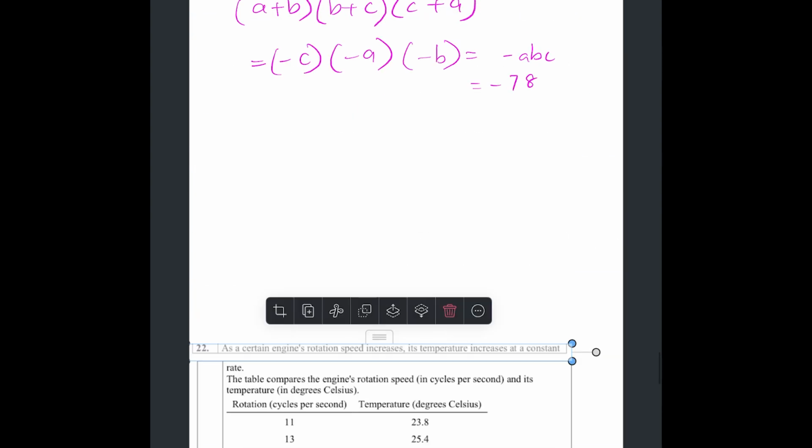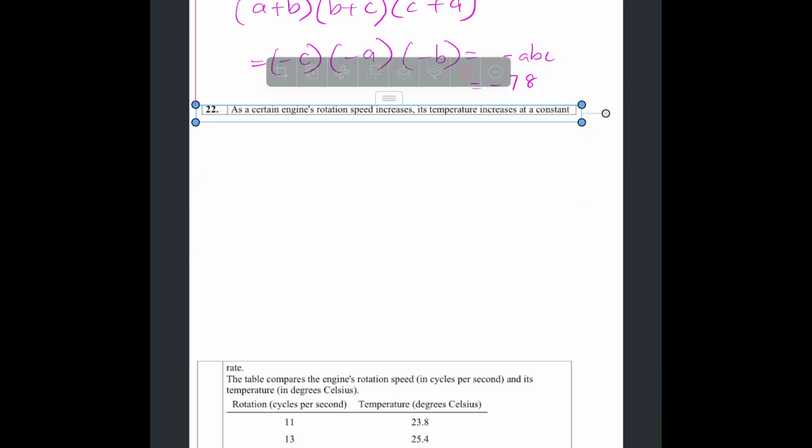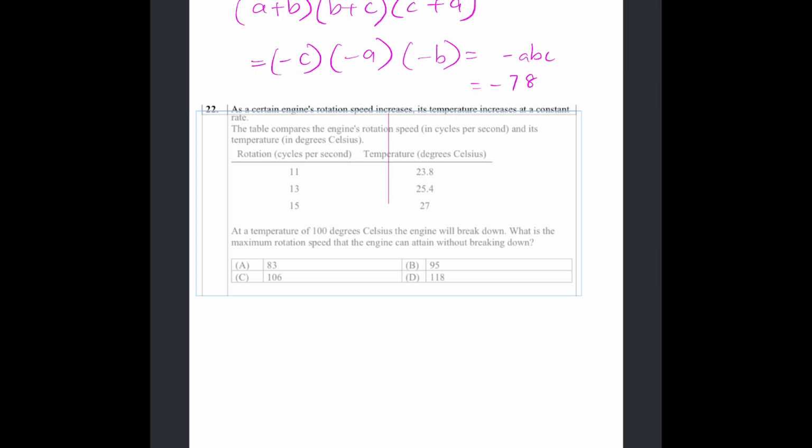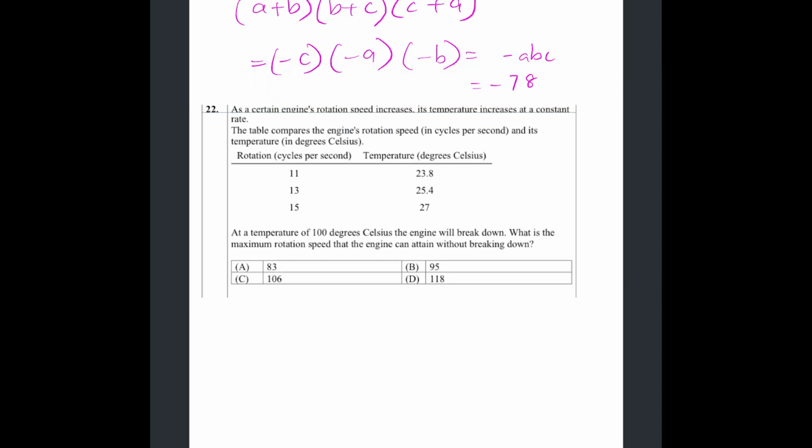Okay, let's see question 22. Okay, so a certain engine's rotation speed increases, its temperature also increases at a constant rate. This is important. The table compares the engine's rotation speed and its temperature, right?